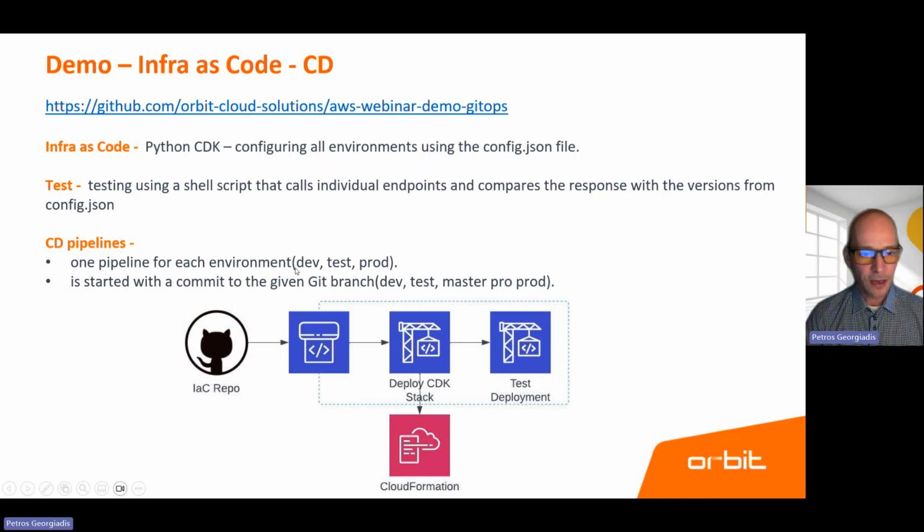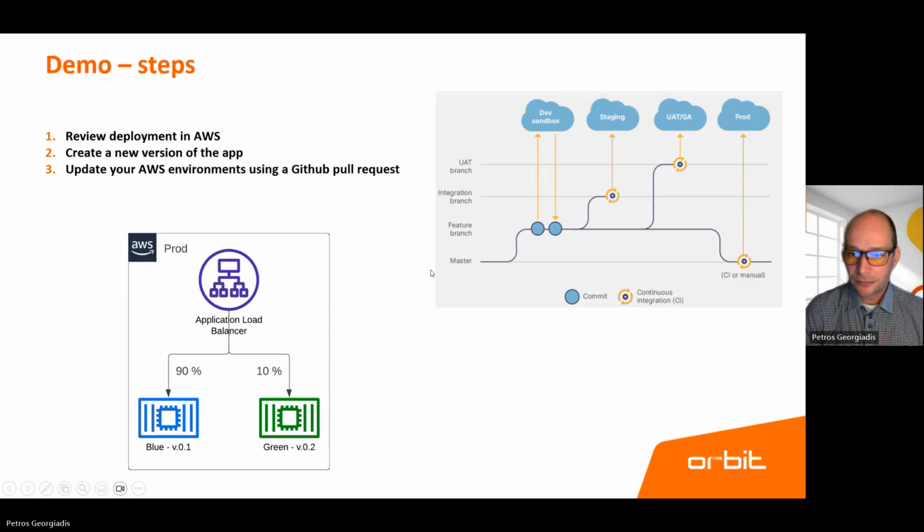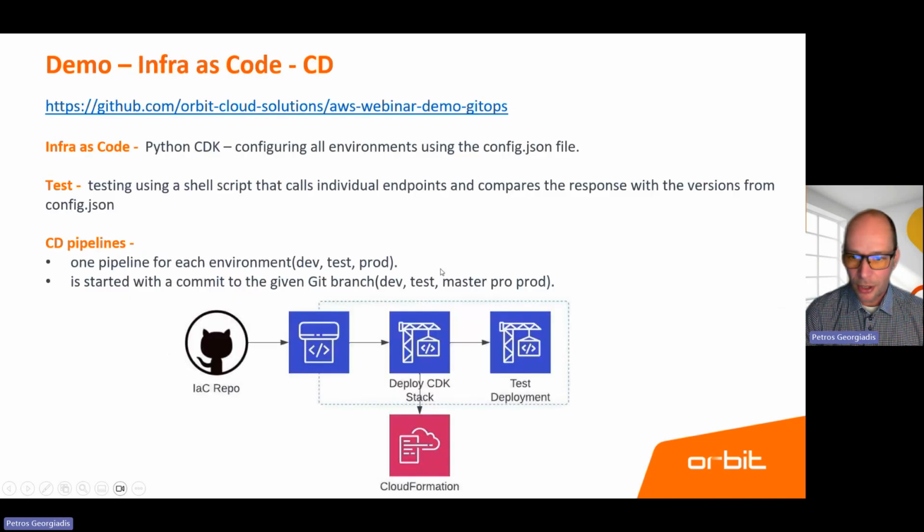Yeah, we have one pipeline per each environment. This is what I was showing, and it starts with a commit to the given branches. That's why I was saying that I will use this picture. Our master branch is used for production environment. Then for dev environment, we have the dev branch, and for test environment, the test branch. It's not matching this picture, but the idea is the same.